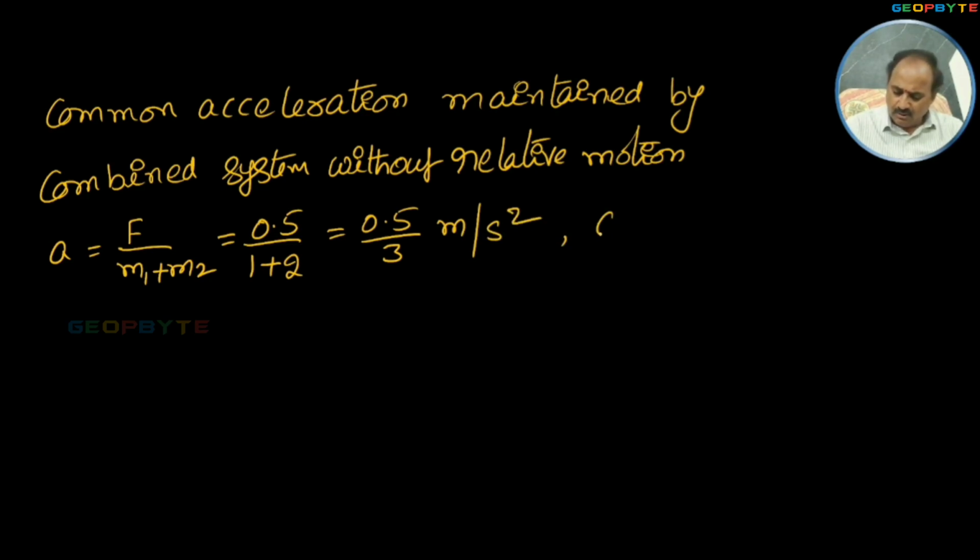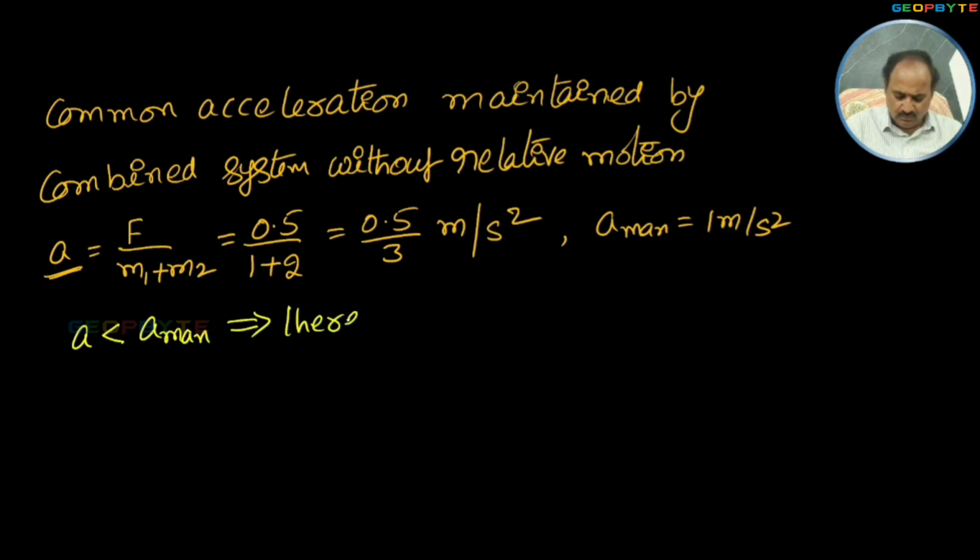Now here you got the maximum acceleration as 1 meter per second square, whereas the combined acceleration is 0.5 by 3. From this you can conclude that the common acceleration is less than the maximum acceleration.